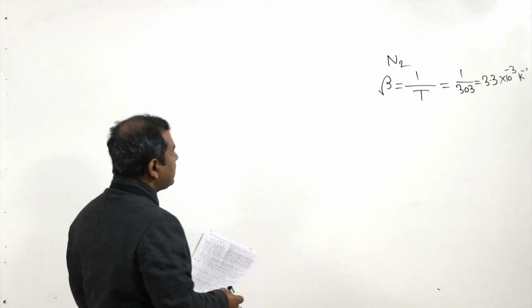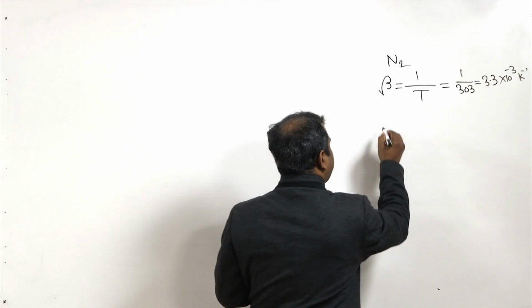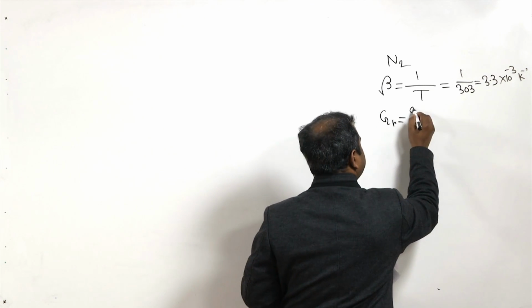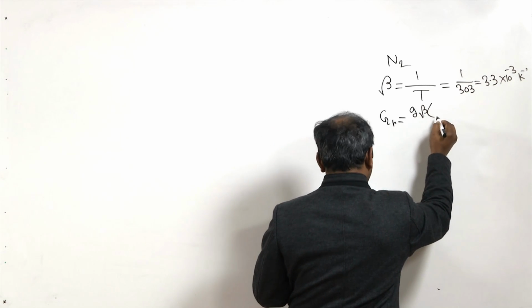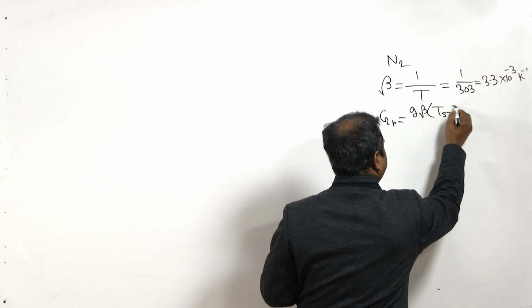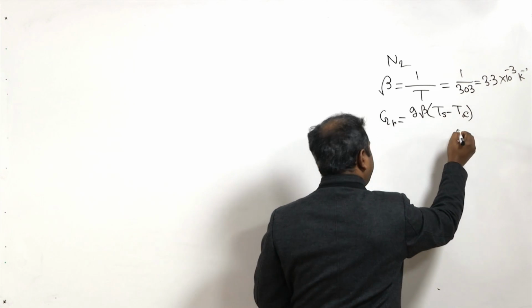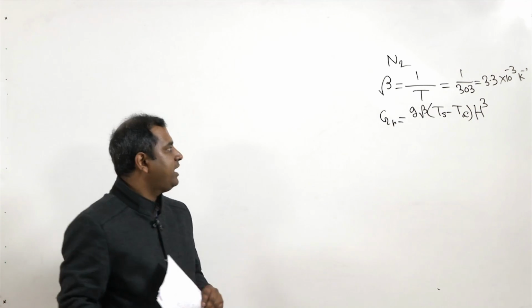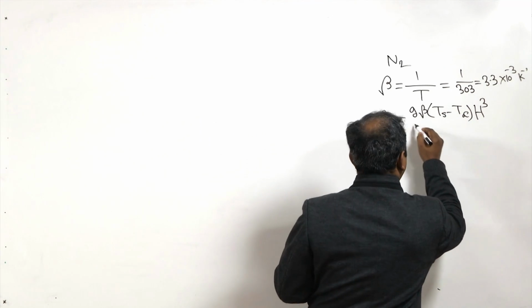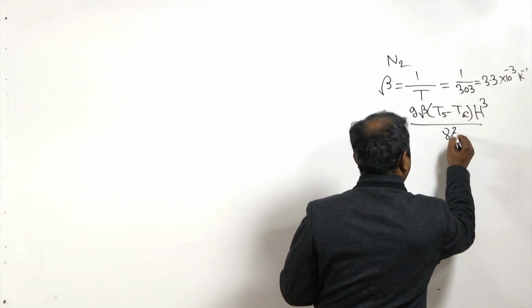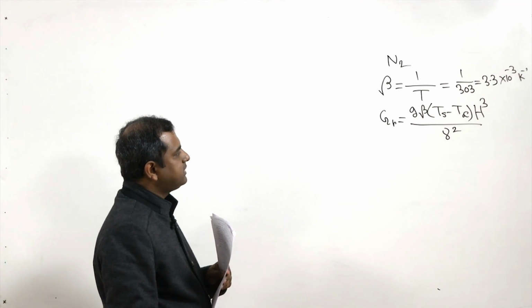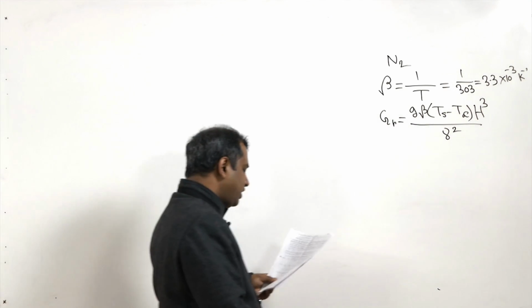Next, as we have found beta, let us get the value of the Grashof number. Grashof number will be nothing but g beta, then surface temperature minus free stream temperature, then H cube, the height of the plate cubed, divided by nu square. The nu for nitrogen at mean temperature is given in the problem. Let me put the values.